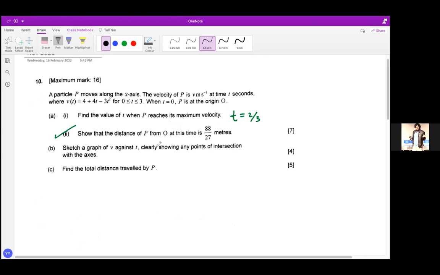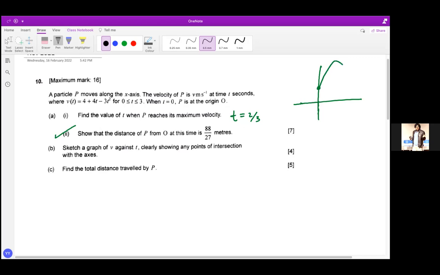Show that the distance of P from the origin at this time is 88 by 27. Since you have been given this, if I look at the function here, if I put t as 0, it is something like this.